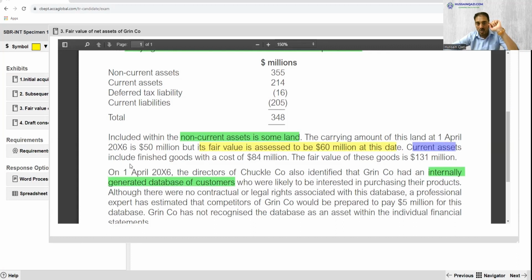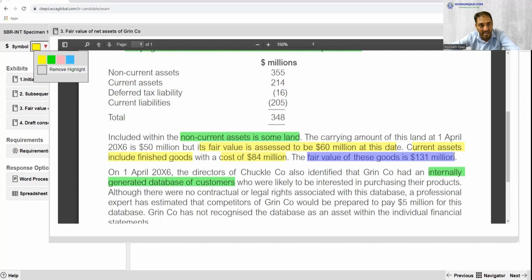The current assets include finished goods with a cost of 84 million. Fair value of these goods is 131 million. So two fair value adjustments are required here: land and inventory. Both adjustments are upward, land 50 to 60, inventory 84 to 131.